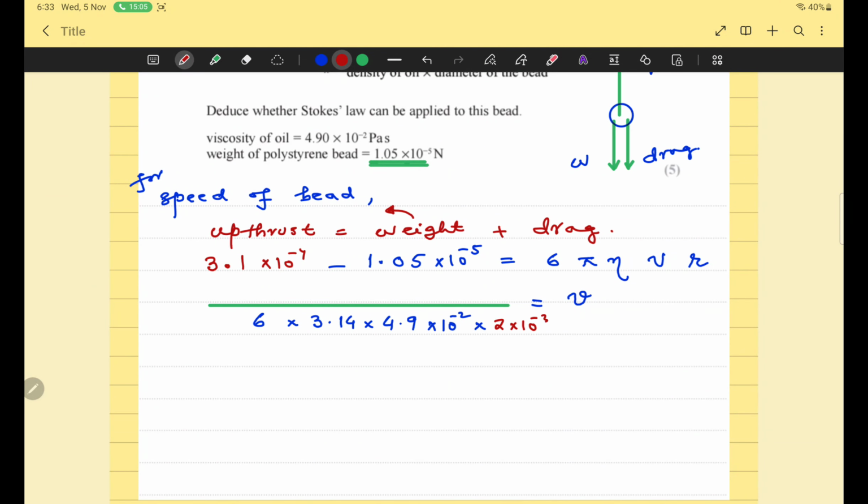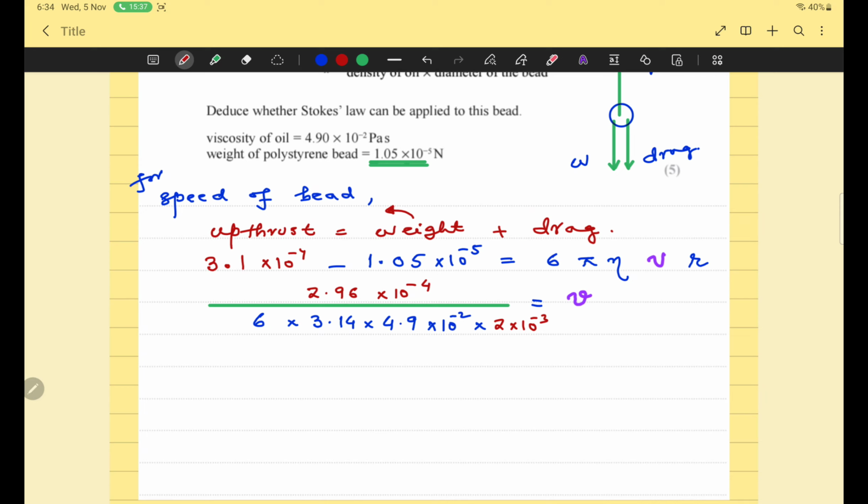I have made velocity the subject and shifted all the numbers to the other side. If you subtract the numbers in the numerator and then divide by this factor, you can calculate velocity. This number I think is 2.96 × 10^-4.